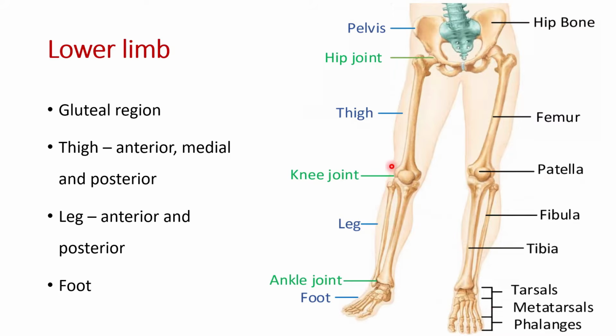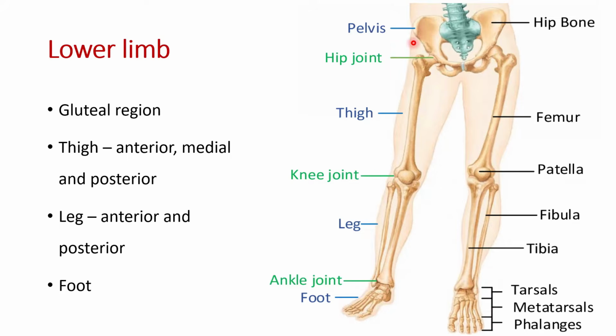They help in formation of the knee joint together with this bone known as the patella bone. And then you'll have tibia and fibula, they are bones of the leg, of which now together with the talus, they usually form the ankle joint. And then you have tarsals, metatarsals, and phalanges being bones of the foot.